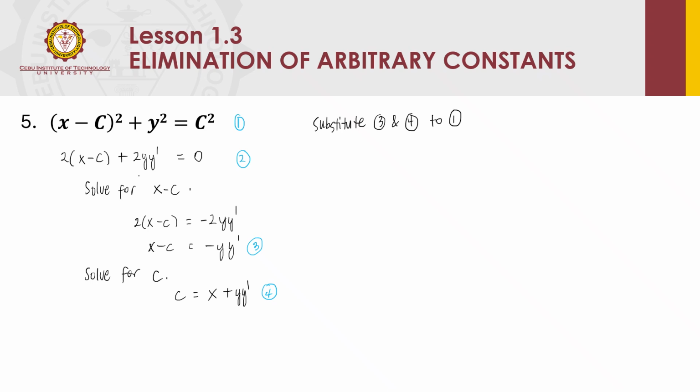Instead of writing x minus c, we write negative y prime, and then we need to square it, plus y squared, and then c squared is x plus y prime quantity squared.